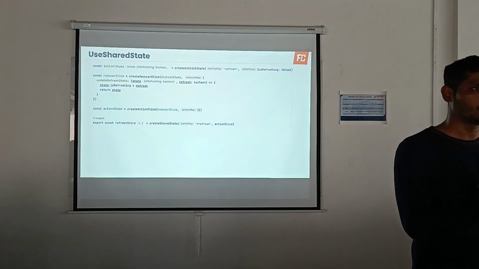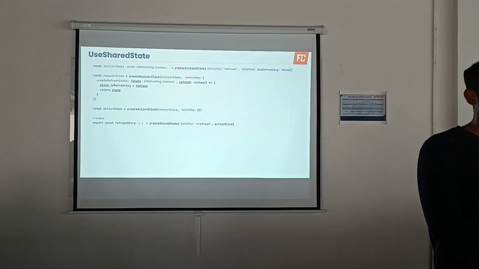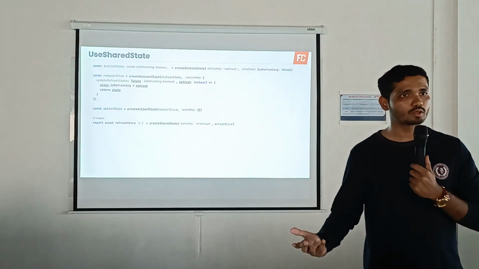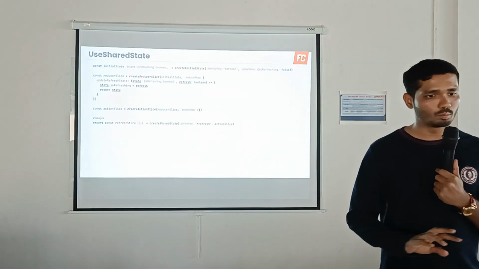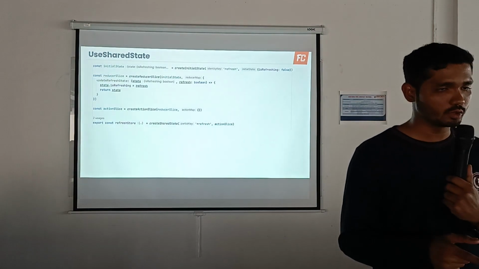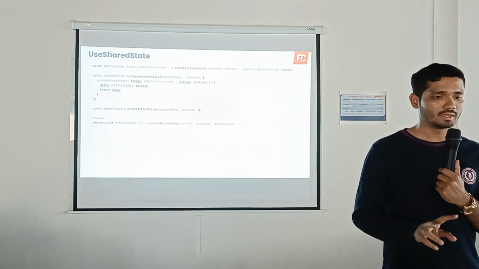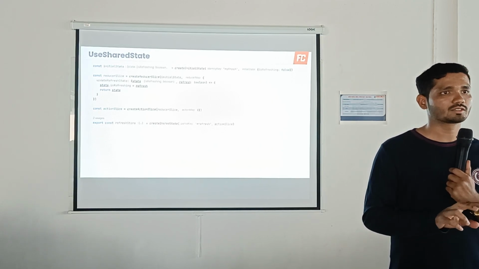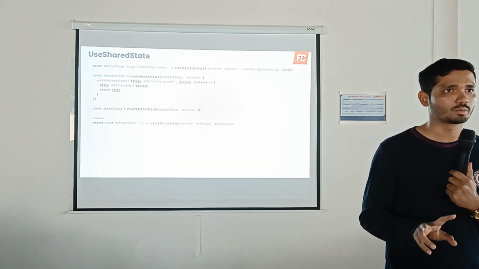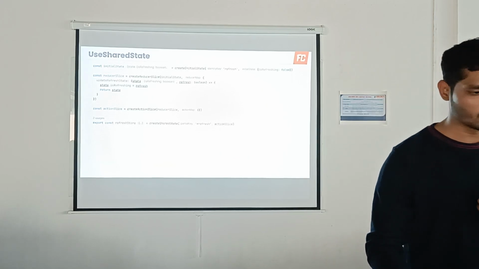The home page will have pull to refresh, but its state should be different from the checkout page. The checkout page will also have pull to refresh, right? So both can use this code, but again they want to clone it because they want to make sure that their state is not dependent on each other. They should be independent, right? And how do we do that?